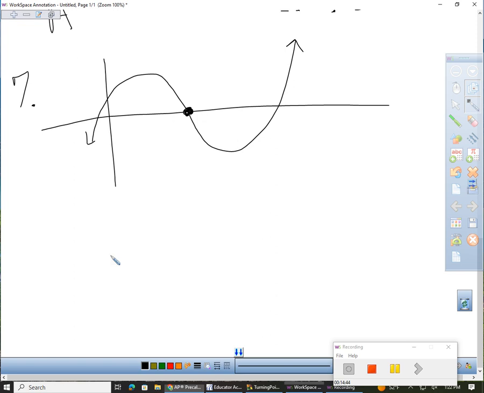Left bound, right bound. You should get x equals. Okay. So then when you're looking for the reasoning, it's a maximum because when it's positive up here, it means that it's increasing. And when it's negative here, it means it's decreasing. So it goes from increasing to decreasing. It's a maximum point. That's what it means. Okay? So this one is letter D.